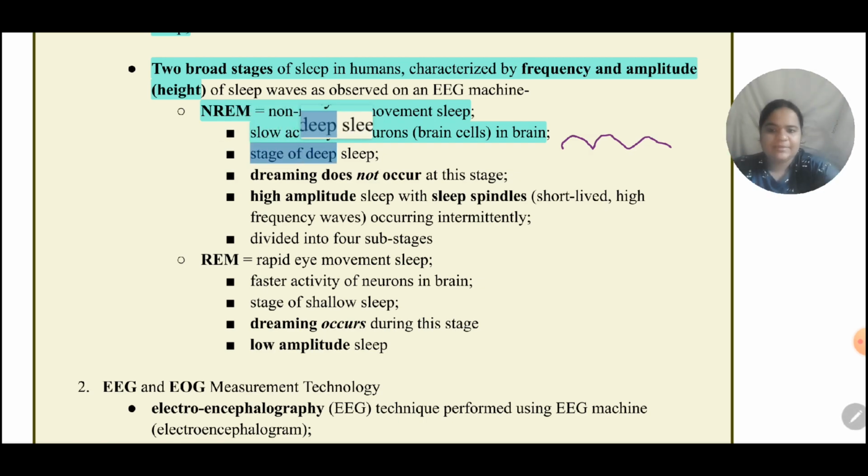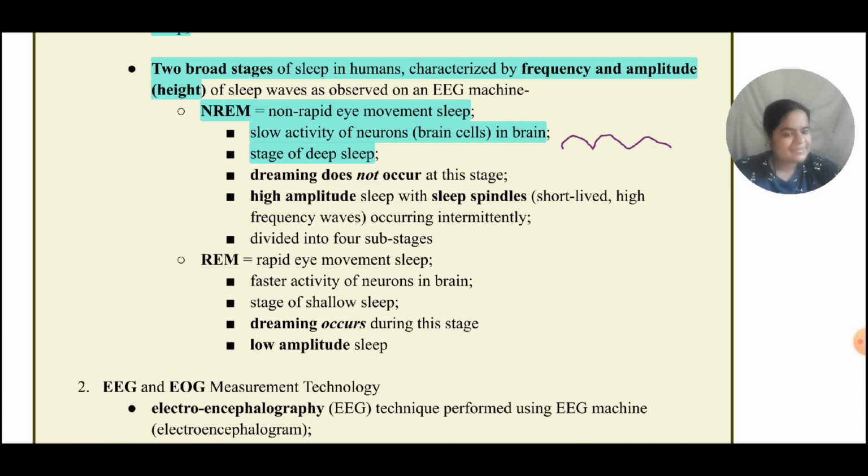As you can readily imagine, it's easy to understand. If your neurons are working slowly, how will you feel? Less tired, because your brain is not working too much. As I gave you an example before, when you think a lot, you feel tired because your neurons have had to work a lot to help you to think so much. If your neurons are working slowly, that indicates that your brain is not working too much, so you feel rested.